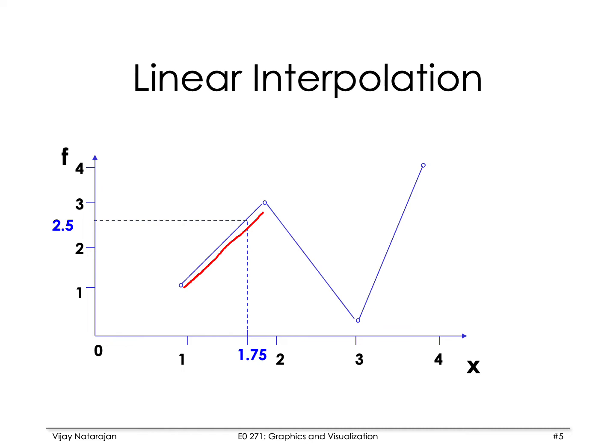The value of f at 1.75 here is given by finding the intersect with this line. We all know how to compute this f at 1.75 using linear interpolation.